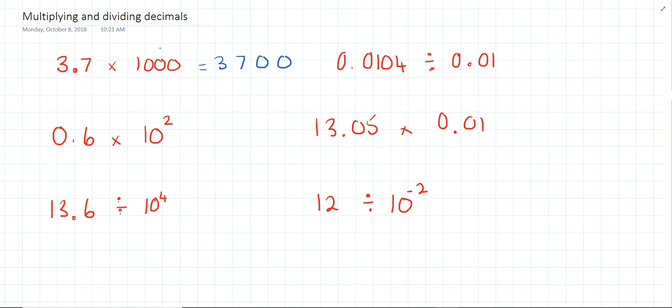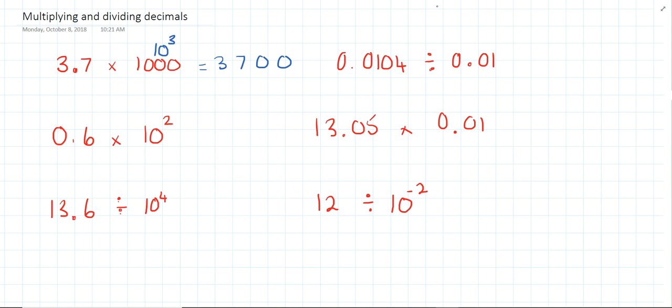The easiest number for us to multiply or divide by, other than 1, is 10. In fact, any power of 10. So 1,000 could be written as 10 to the power of what? 10 cubed, yeah. So we're multiplying by a power of 10.